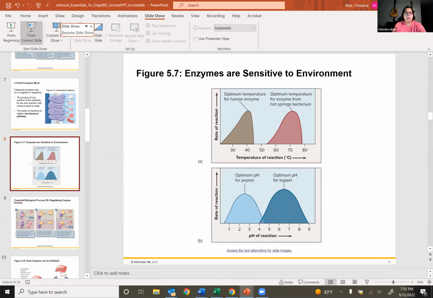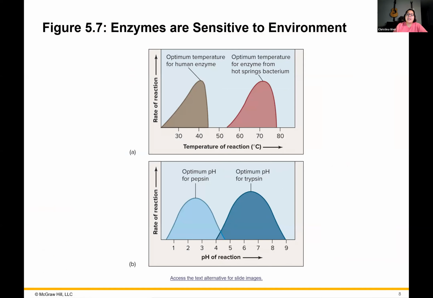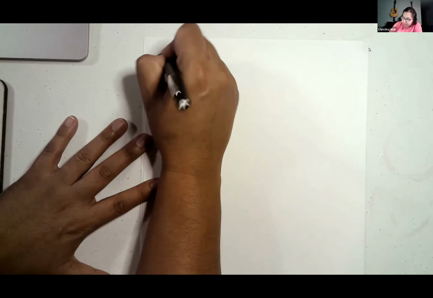We're live, folks, meaning I can't run my PowerPoint. There we go. So here's a diagram from your book that talks about how enzymes are sensitive to their environment, specifically temperature and pH. We're going to come back to this diagram, but have it handy. I think I have to stop sharing and then reshare my screen to make this work. There we go.